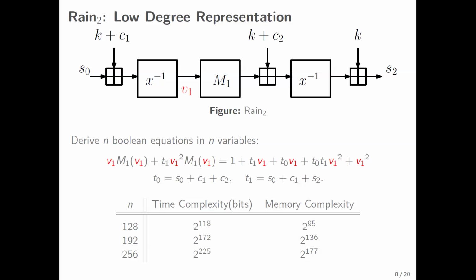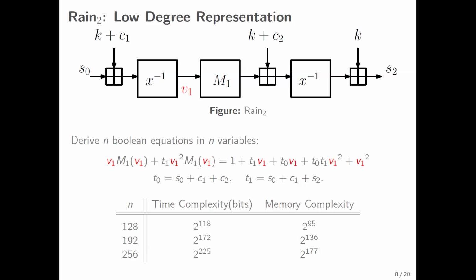Of course, the first step is to try to model it as a polynomial. We call the state after the first S-box v1, and then we can model Rain 2 using a single polynomial. The issue with this polynomial is that it's of high degree, so we cannot do anything with it. Therefore, we transform it to a system of quadratic Boolean equations over the binary field.